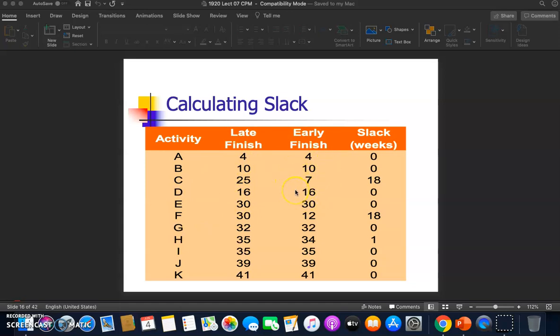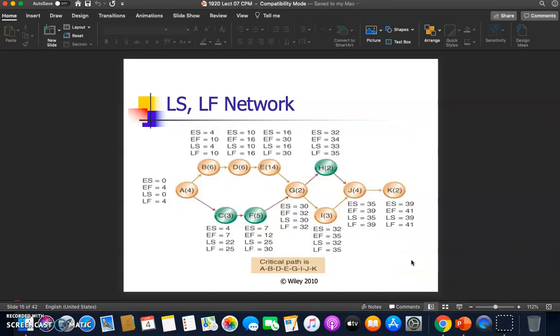So for the calculation of slack or float, we just calculate the non-critical activities, which are activity C, F, and H. So these are the non-critical activities, activity C, F, and H.